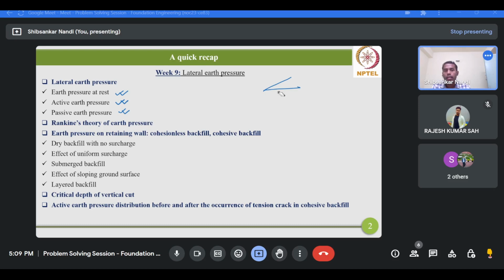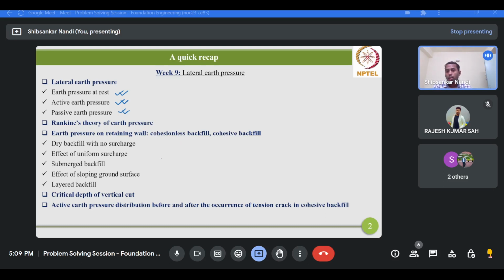Considering all these cases, we can determine the active and passive earth pressure distribution behind the wall based on Rankine's theory. We'll see how to determine that distribution.